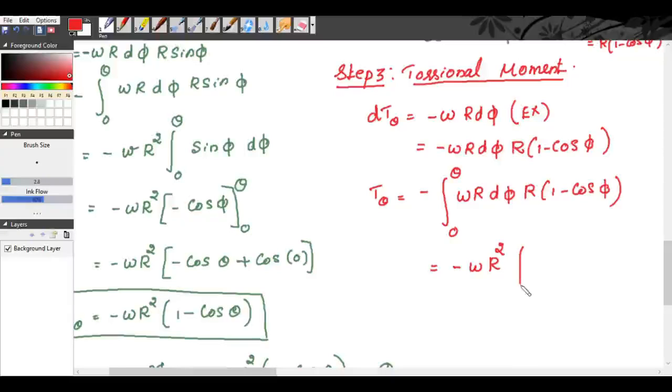We get the integration from 0 to theta of 1 minus cos phi d phi.